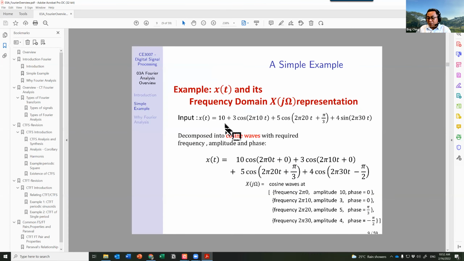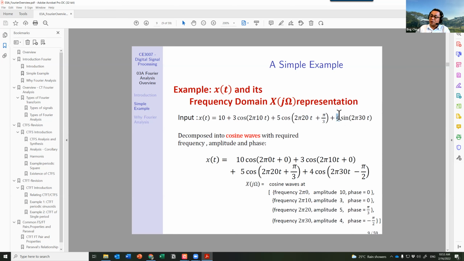So that green guy was this waveform. It is a constant, sometimes we call it DC, plus cosines. Cosine with amplitude 3 at 10 hertz. Amplitude 5 at 20 hertz with phase shift of pi over 3. And at 30 hertz the amplitude is 4, but it's sine.